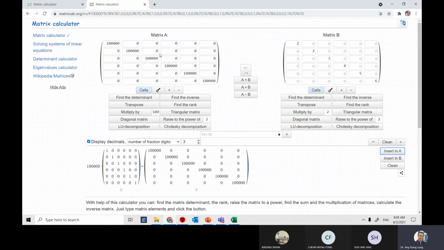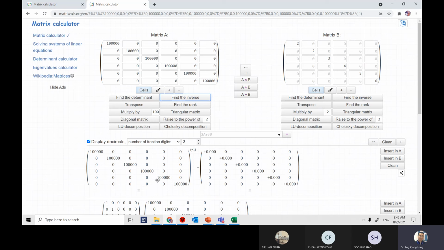So go and press insert A, you put the answer back to matrix A. And then if you need to do the transpose, or you need to do the inverse matrix for matrix A before you multiply matrix B, what you do, you take matrix A here, you just press find inverse. Press find inverse, it will calculate the inverse matrix for you. Here you see 0 because you are fixing 3 decimal points there, but actually there's a number.